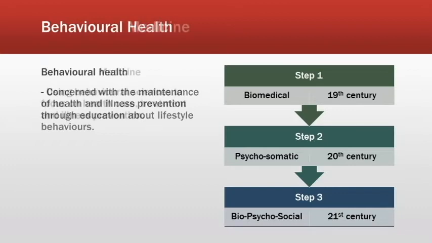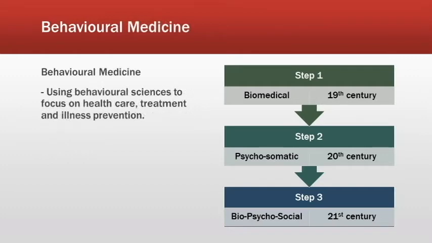Then comes behavioral medicine, a further discipline that challenged the biomedical model. And this could be described as an amalgam of elements from the behavioral sciences. So behavioral medicine brings in psychology and sociology and health education, and focuses on health care and treatment and illness prevention.